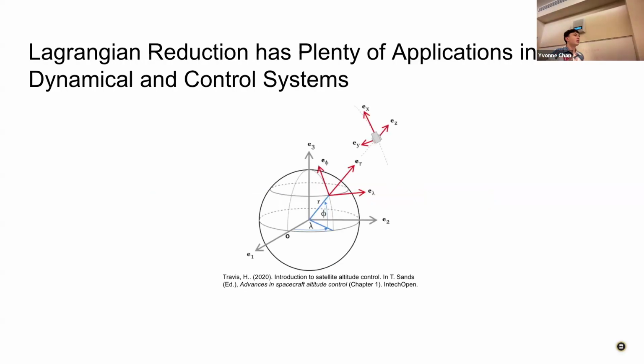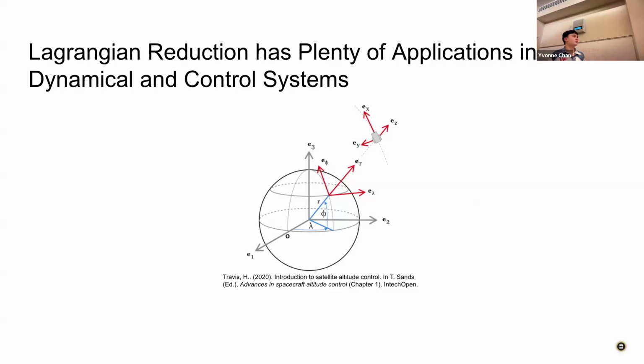And so Lagrangian reduction, which is this entire idea of reducing the complexity of the equations required to describe the motion of a mechanical system, has plenty of applications in dynamical and control systems. For example, if I want to control a satellite, there are so many different moving parts. If I want to get my satellite from Earth to Mars, there are gravitational influences, and there are parts within the satellite that I need to control to move efficiently.